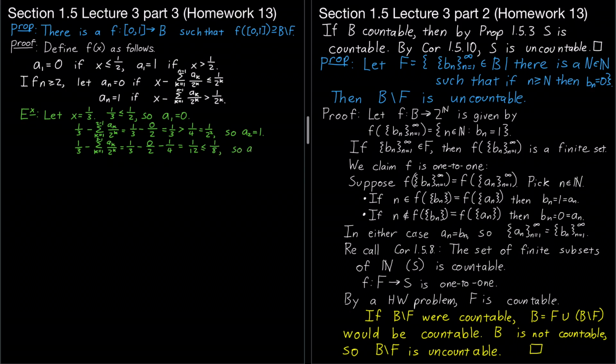So a3 is 0, and 1/3 minus 0 halves minus 1/4 minus 0/8 is 1/12, which is greater than 1/16. So a4 equals 1, and so on.